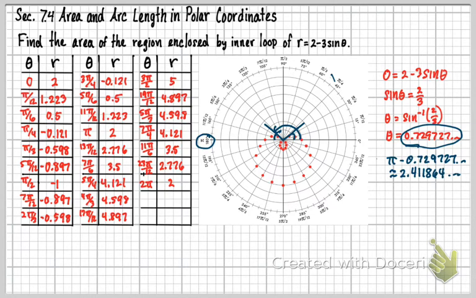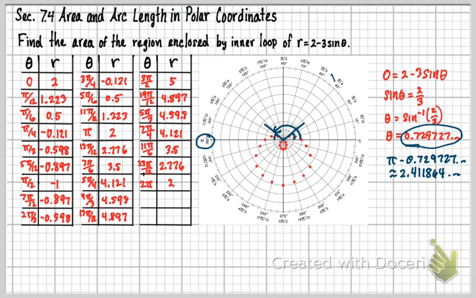Okay, so that's what it's about there. So that's where I'm coming out of that circle, or loop, I should say. At this value here, I'm entering it, and at this value here, I'm coming out of it. So those are going to be my bounds.